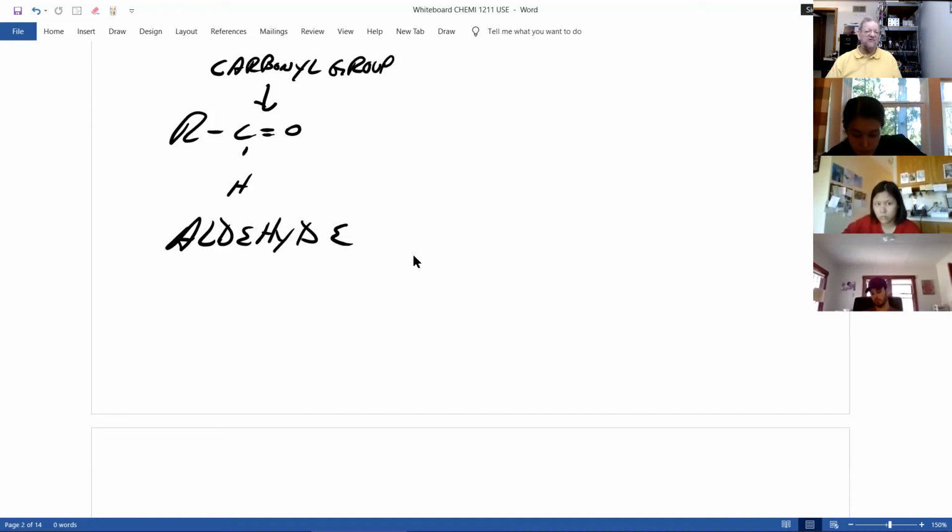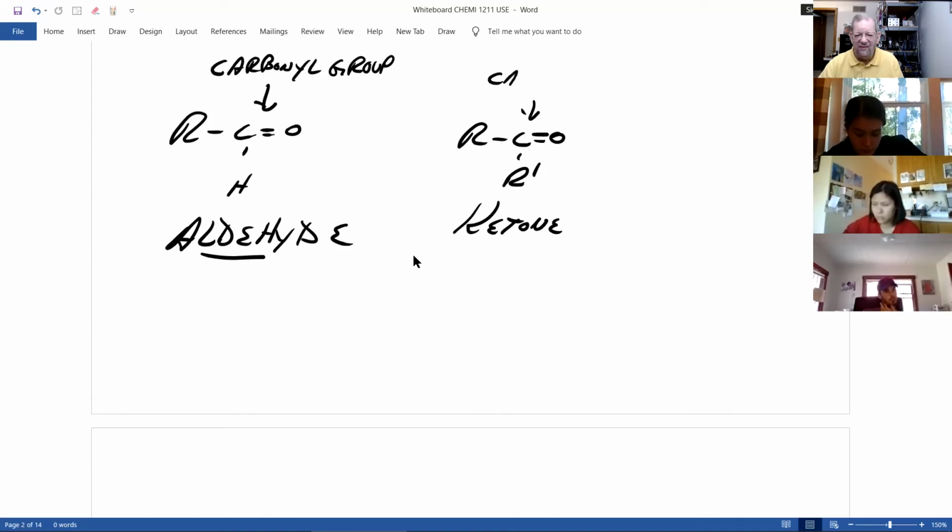Remember, carbonyl is not a functional group, but it's an important thing found in many functional groups. So an aldehyde has a carbonyl group. And a ketone has a carbonyl group.